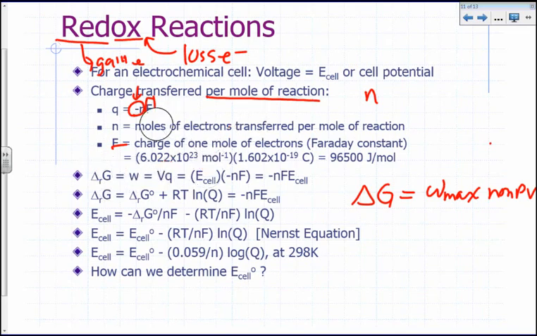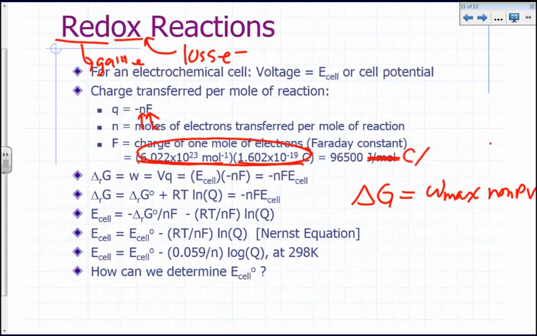So the charge transferred is equal to moles of electrons times charge per mole of electrons. This is Avogadro's number, that's 1 mole of electrons times the charge of each individual electron. This would be the charge of 1 mole of electrons, so that's going to be 96,500 coulombs per mole. So you multiply that by the number of moles, that gives you coulombs.